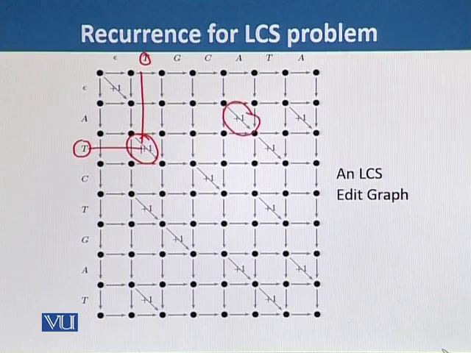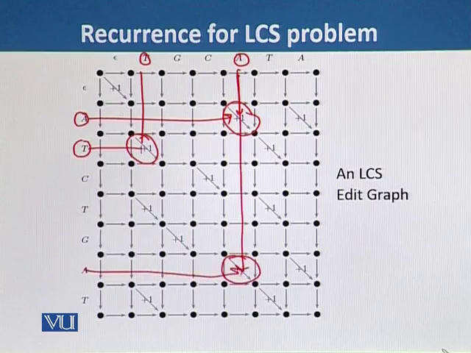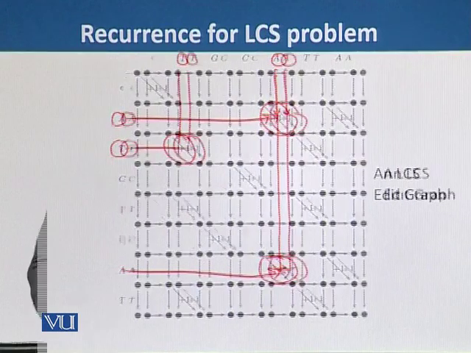If we consider this diagonal, we can see that at both positions A is present. So we will consider only those diagonals that are identical, and we will only retain these diagonals. After retaining them, we come up with the sequence that is a subsequence present in both of the strings, V and W.